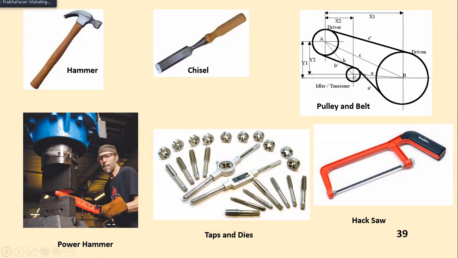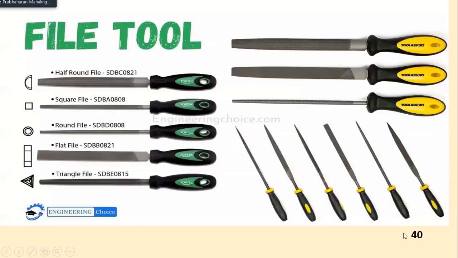Then come to point number 40. File, F-I-L-E, different types of files are available. So in metal work, you can't cut quickly. You can't reduce the size of the metal quickly.